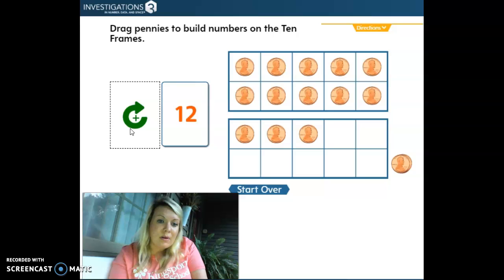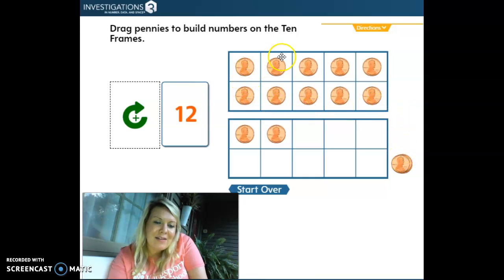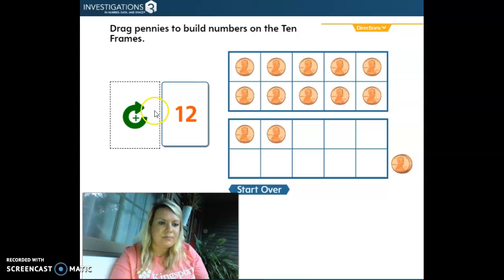Some of you might even say that you can take a penny away because we have 13, and when we take one away, 1 less than 13 is 12. So I can see up here, I have a 10 frame that's full. So 10, 11, 12. So I took 1 away. It was 1 less to show the number 12 after I had the number 13 on my board.